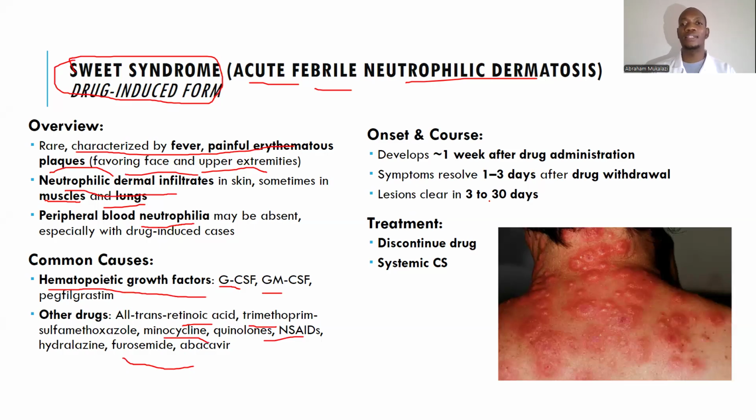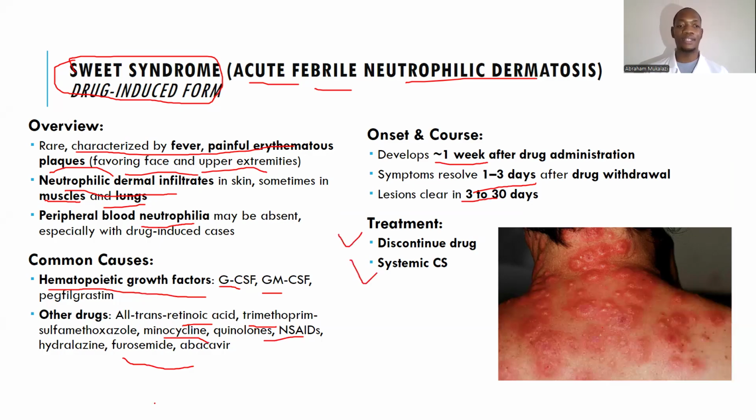So in this case, the onset will be a little bit acute. Someone will develop the rash approximately 1 week after the drug has been given, and symptoms will resolve within 3 days after you stop the drug, and the skin lesions will clear in about a month. So treatment, you stop the drug, give a corticosteroid.